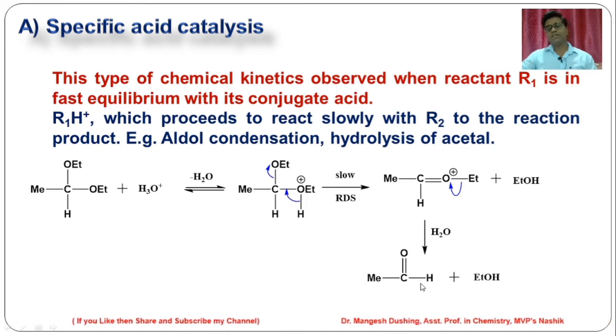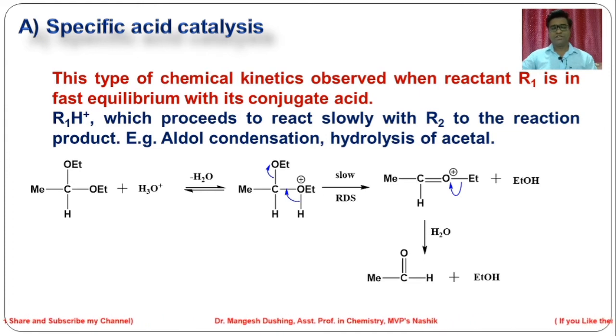So this is the reverse acetal reaction, that is hydrolysis of acetal. So from acetal we get the aldehyde. This reaction is catalyzed by H3O plus. So the rate of reaction is directly proportional to the concentration of H3O plus as well as the concentration of the starting material, that is R.